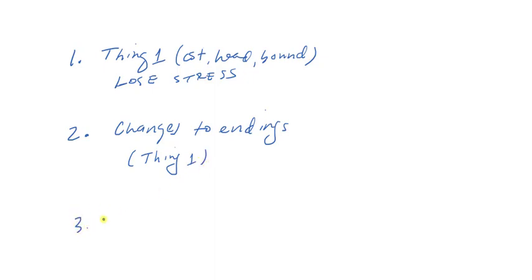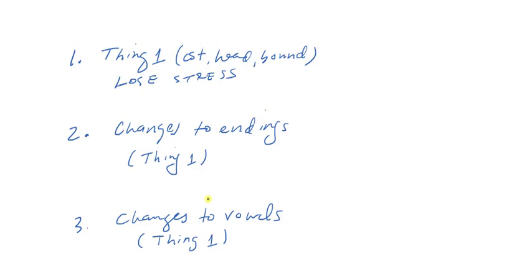And then thirdly, changes to the vowels on thing one. Thing two is not the one that gets modified, so don't worry about that one. It's only thing one that loses its stress. Therefore, it can change its endings and change its vowels. But they're going to be very patterned changes. So we'll learn the patterns. You already know most of them because you've been tracking with me since chapter 1.